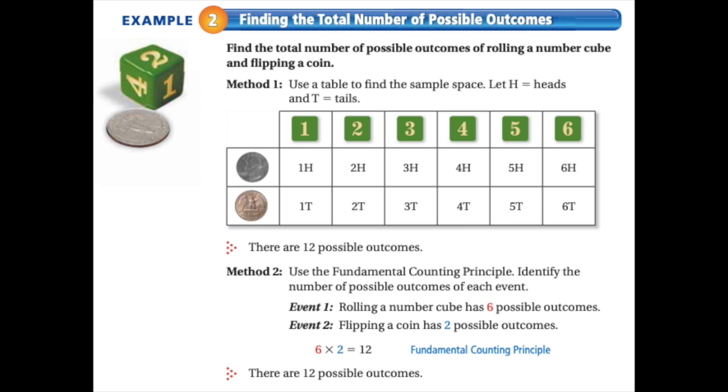That's using the fundamental counting principle. With heads and tails, you have 2 options. With rolling a cube, you have 6 options. So 2 times 6 is equal to 12 possible outcomes.